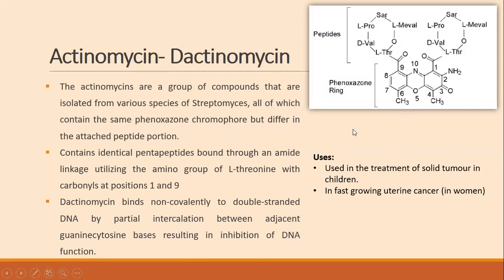Uses of actinomycin D: it is used in the treatment of solid tumors in children. It is used in fast-growing uterine cancer in women. So this is all about actinomycin as an anti-cancer, anti-neoplastic agent.